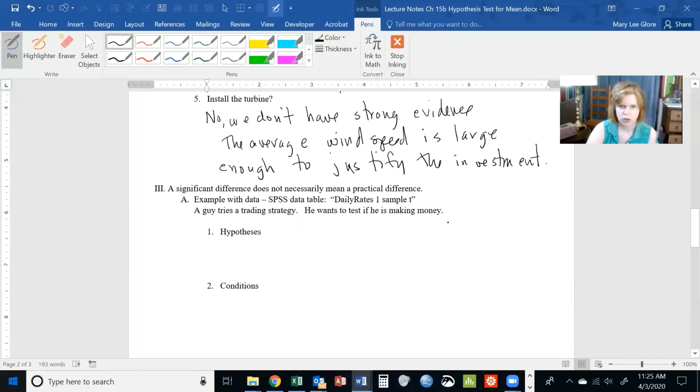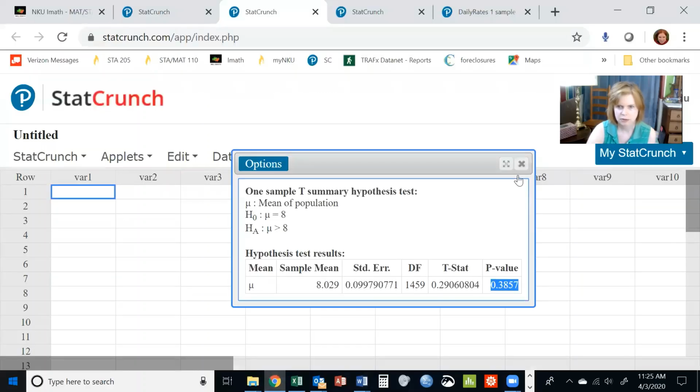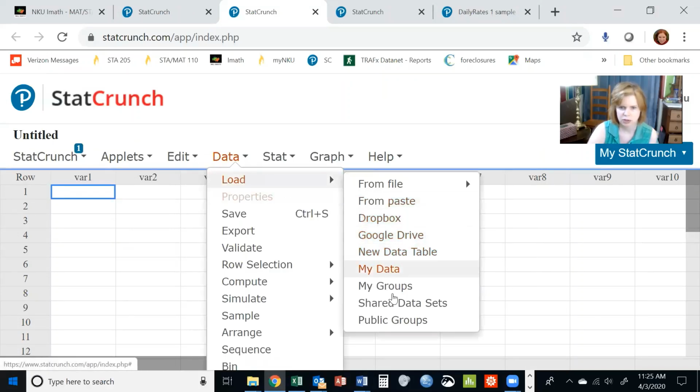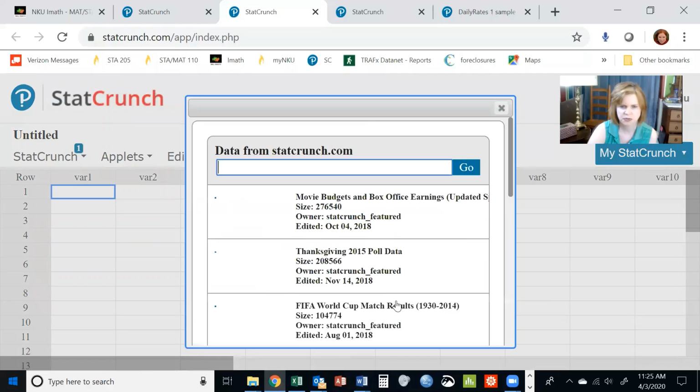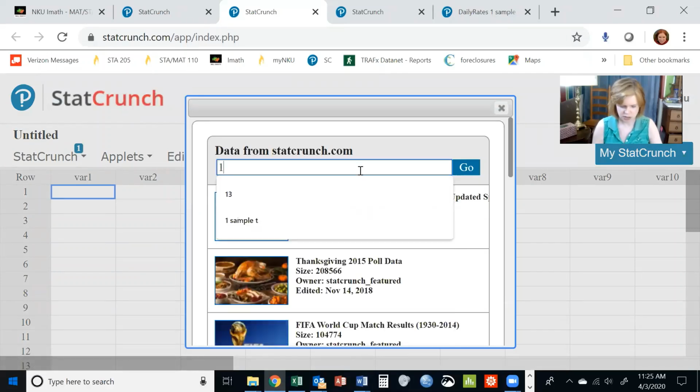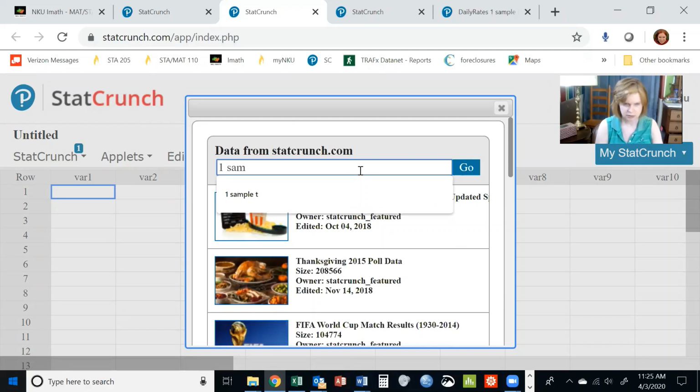Okay. So let's go to StatCrunch, and I'm going to load it for you. Okay, I'm going to exit out here. I'm going to do data, load, shared data sets. And it's a one sample T, and it's daily rates. I just put one sample T daily, that should pull it up.